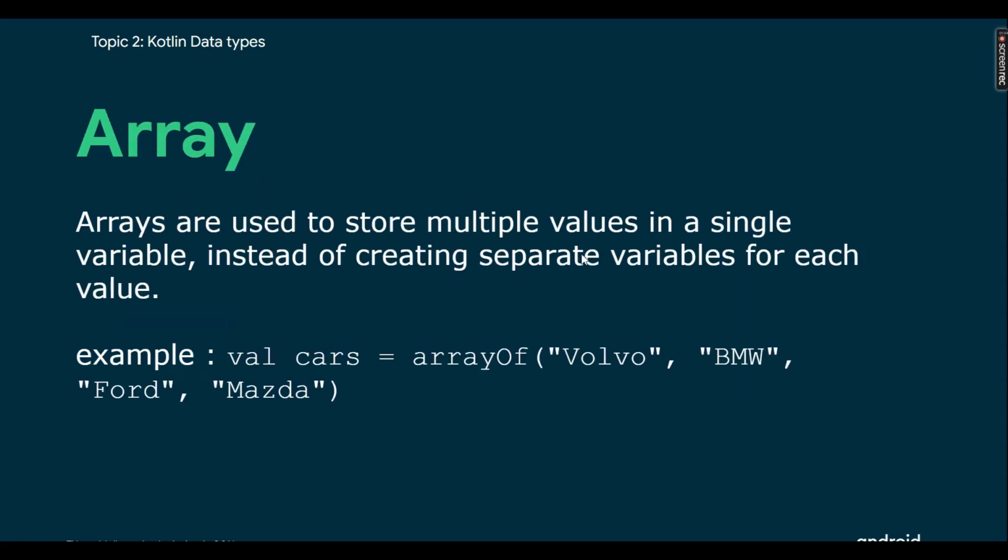Now let's move to the next data type, which is array. Arrays are used to store multiple values in a single variable instead of creating a separate variable for each value. Example, val cars equal to arrayOf Volvo, BMW, Ford, and Mazda. So arrayOf is nothing but a function which is used to create the array by passing the elements of the array to it.